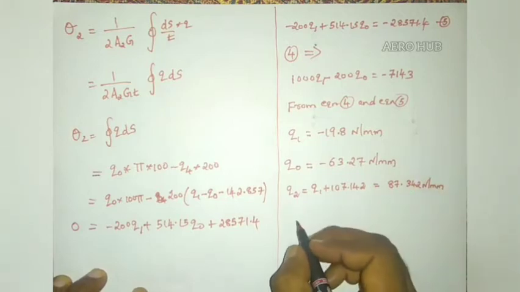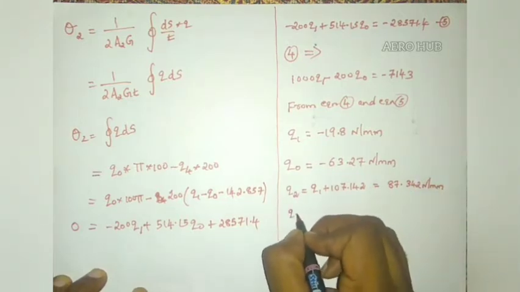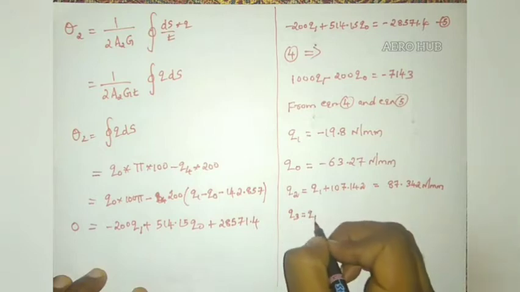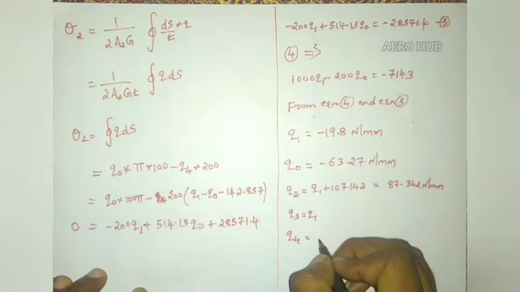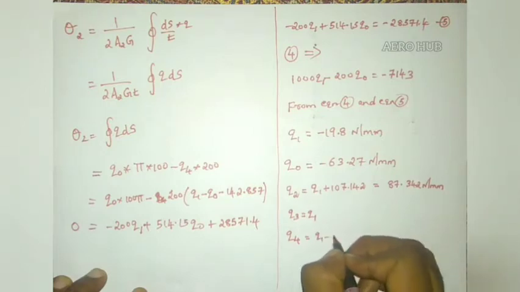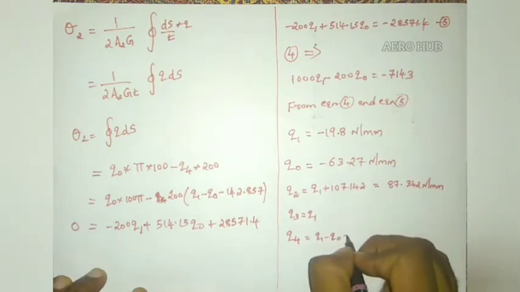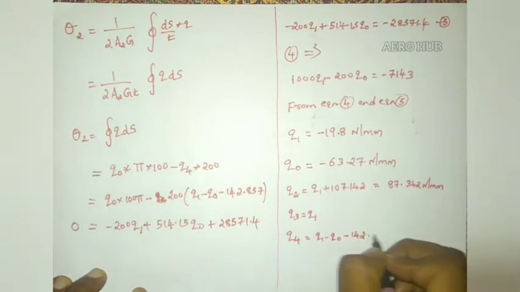So we got the value of Q2, and Q3 is equal to Q1. We already derived that. Then Q4 is equal to Q1 minus Q naught minus 142.857.